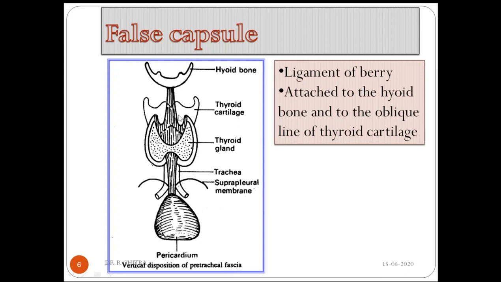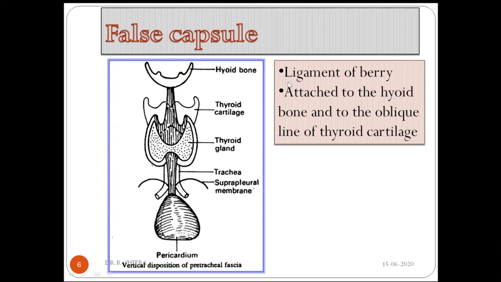That is the upper extent of the pretracheal fascia after enclosing the thyroid gland. The lower extent of this pretracheal fascia enters the thorax and blends with the fibrous pericardium.